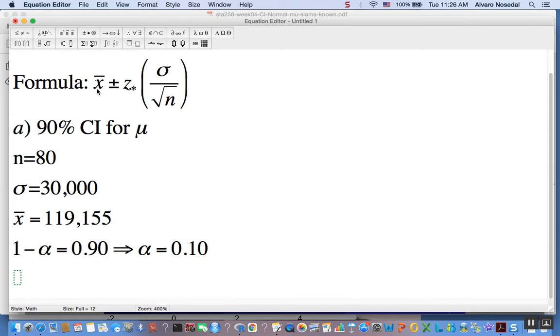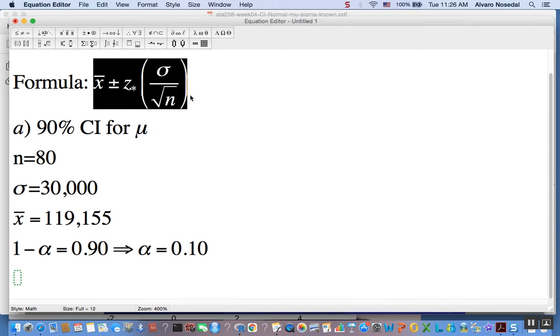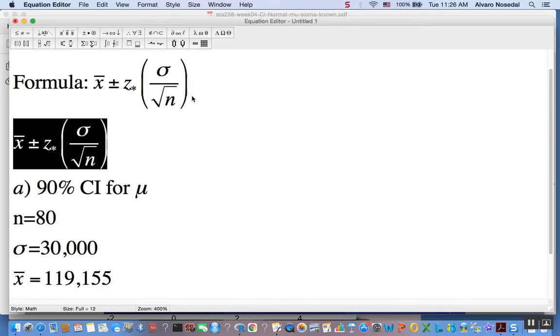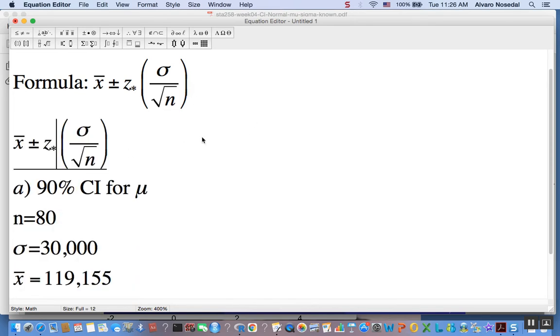Sometimes you're going to see the following notation for that formula. Using that alpha notation, we want the critical value to be a number such that the area to its left or to its right is alpha divided by 2.